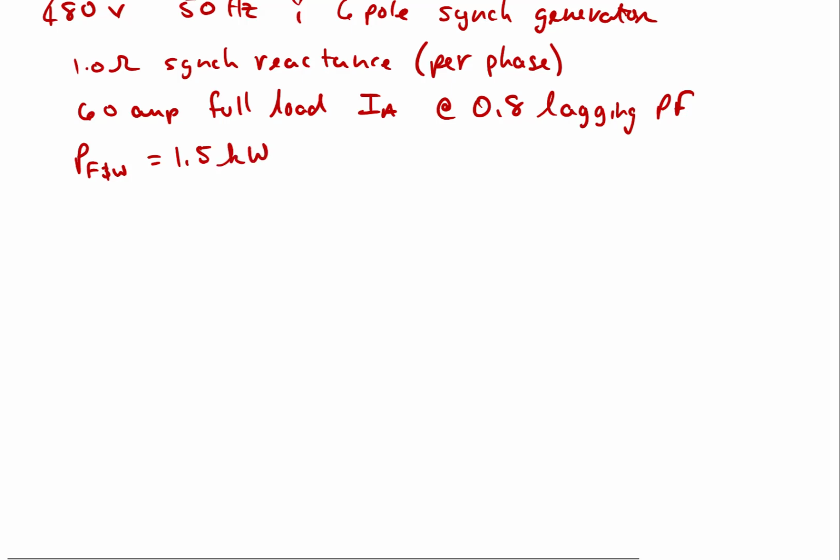And we have core losses of 1 kilowatt at 60 hertz at full load. Now in this problem, we're ignoring the armature resistance, so no I squared R losses here. And we assume now that the field current is adjusted so that the terminal voltage is 480 volts at no load.